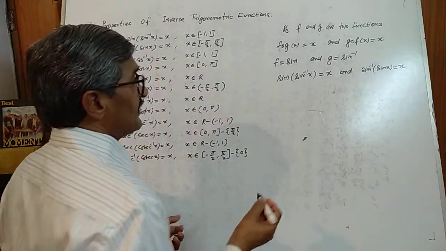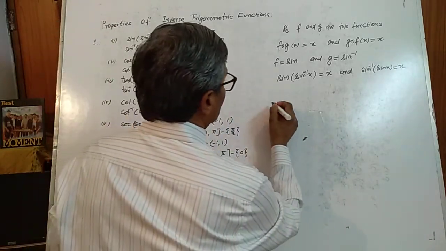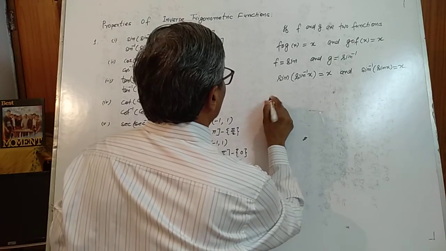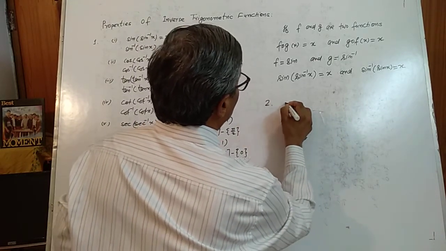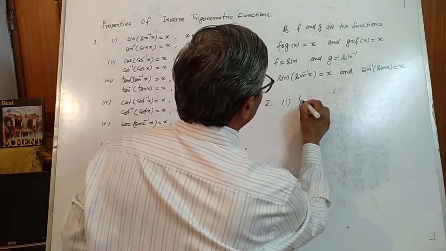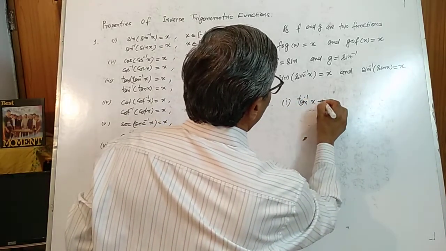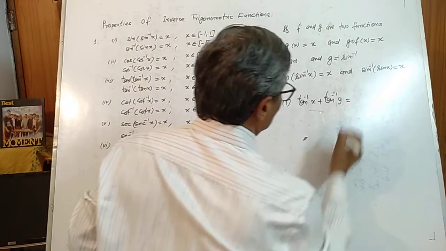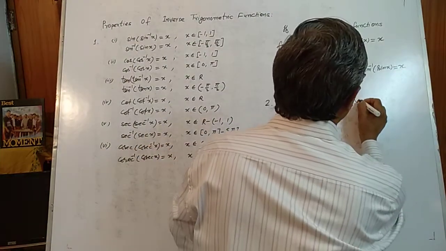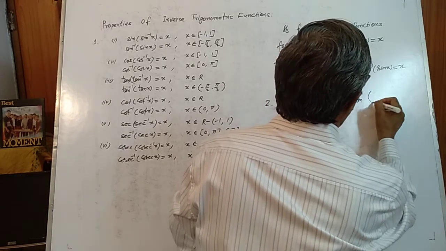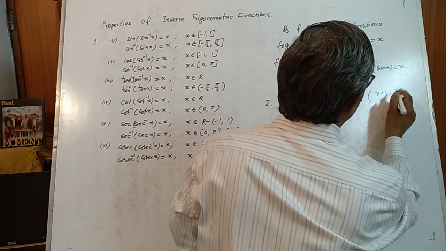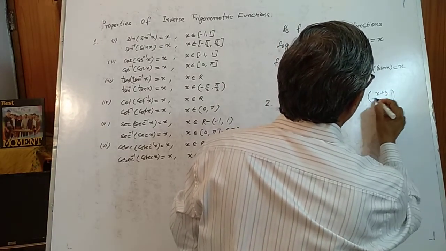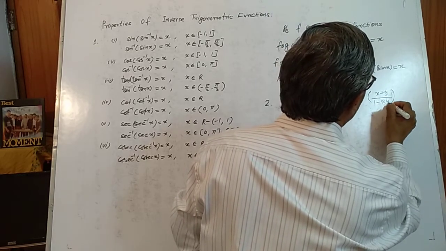One of the properties, tan inverse function. Tan inverse x plus tan inverse y equal to tan inverse of x plus y upon 1 minus xy.